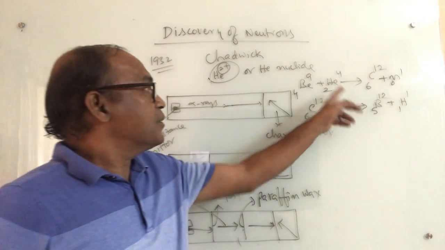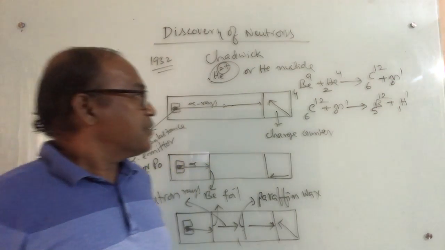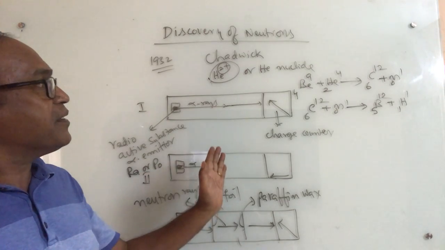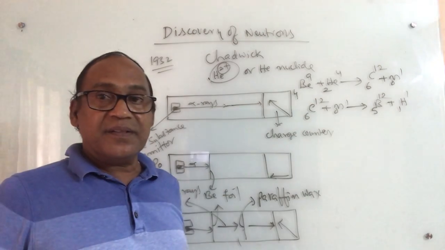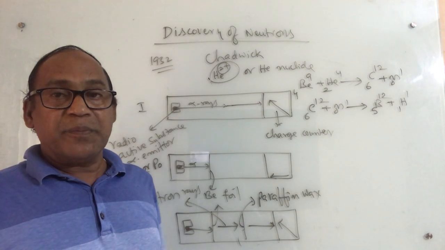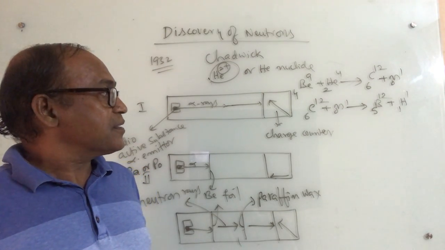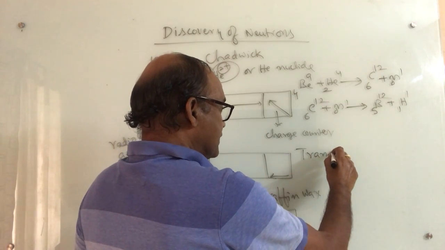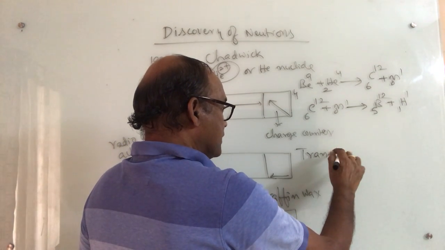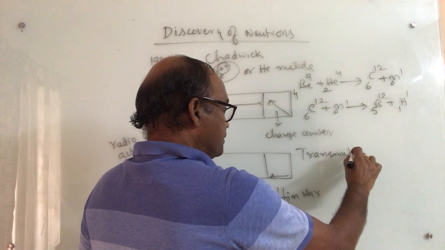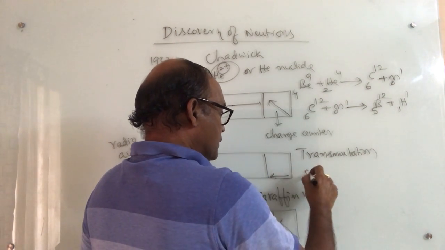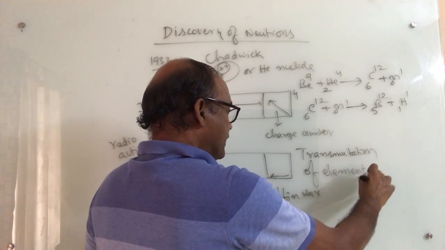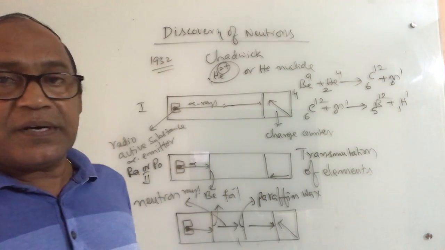Here one element is transformed into another element in this nuclear bombardment process. That is called transmutation of elements.